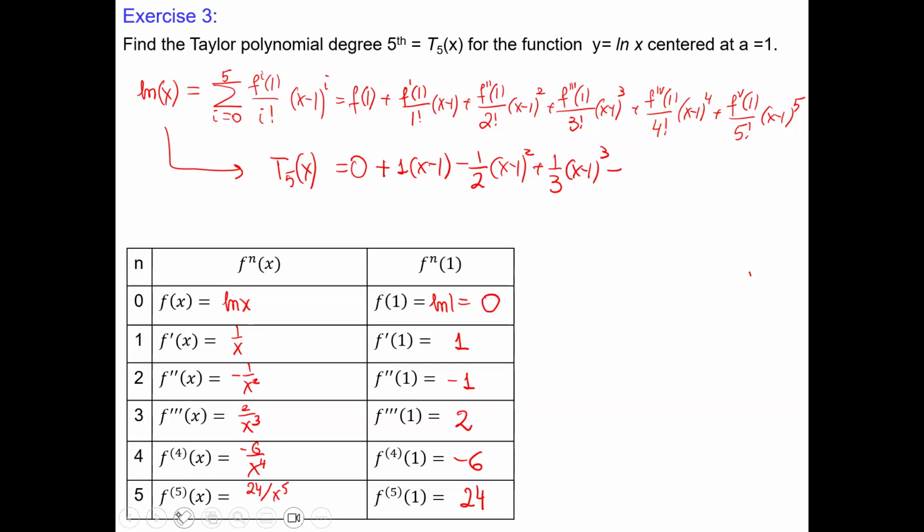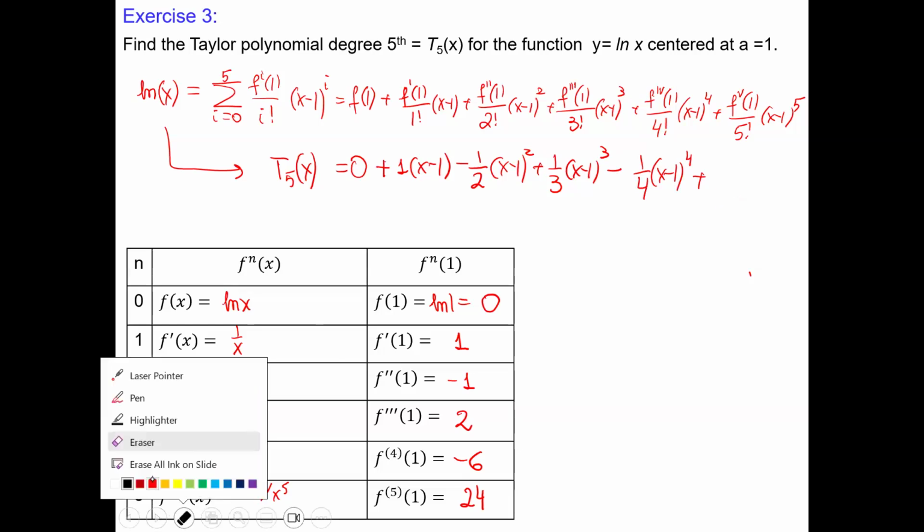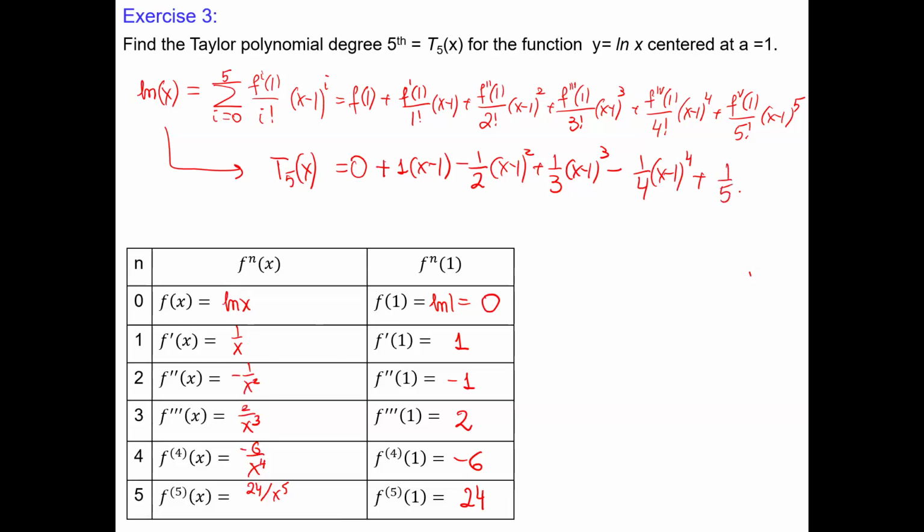Yes, because 24 is 4 factorial. 1/4 times x minus 1 to the power of 4, and then 24 over 120 is 1/5. We can see a nice pattern: 1/5 times x minus 1 to the power of 5.